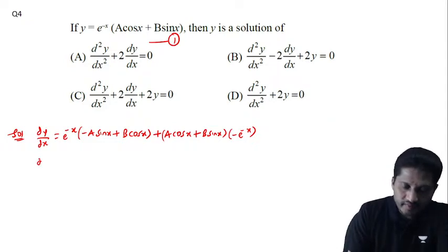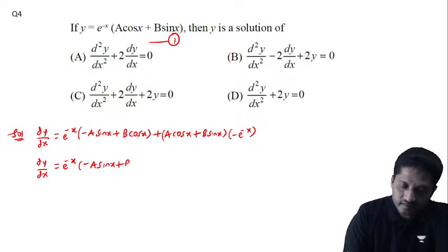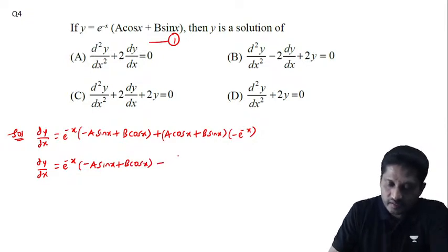So dy by dx is equal to e to the power of minus x into minus a sin x plus b cos x, and then this is minus. If I use equation 1, this fellow is same as y.